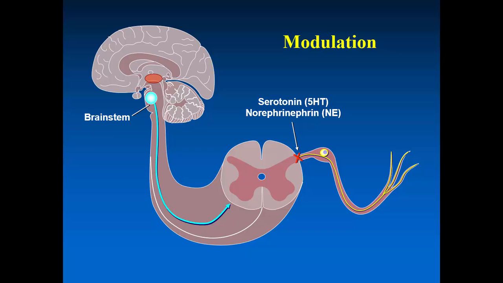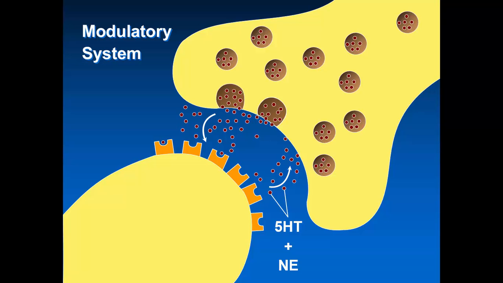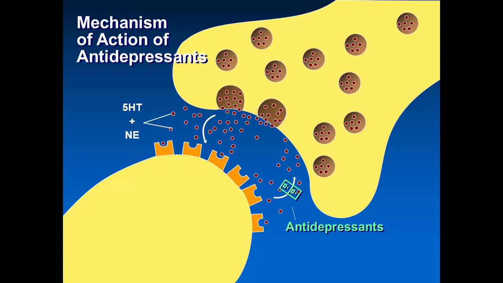And the key neurotransmitters associated with modulation, or these descending tracts, include serotonin and norepinephrine. These will act to inhibit at the area of the spinothalamic, from the first and second order neurons, and try to diminish that ascending pathway.